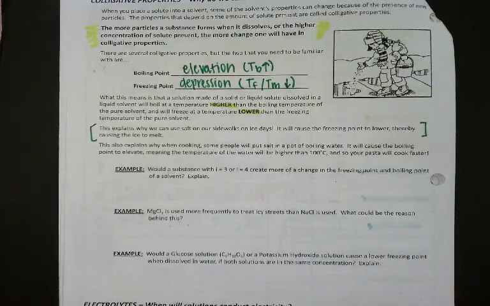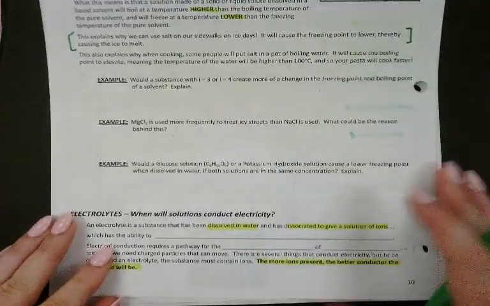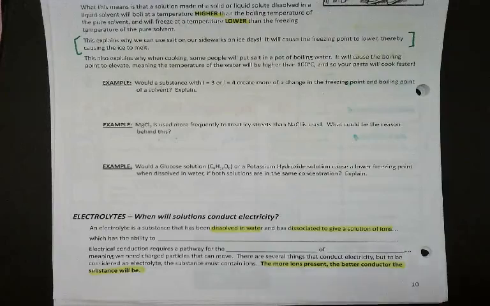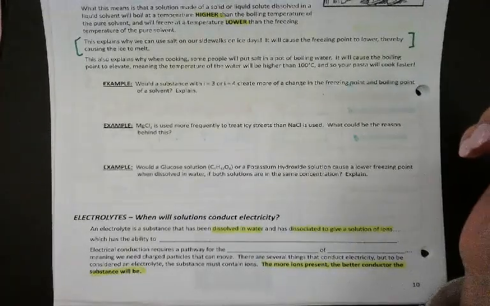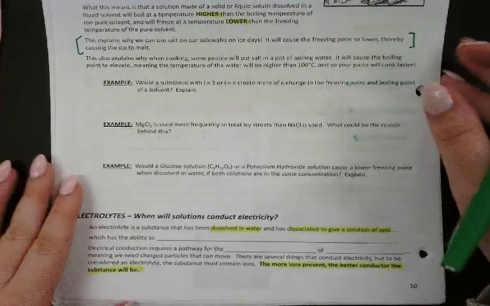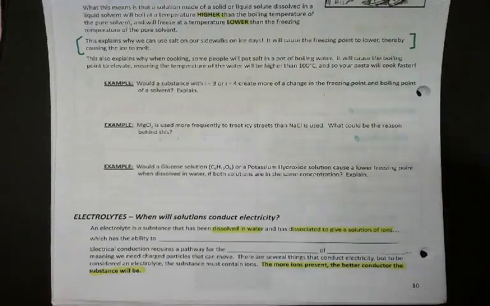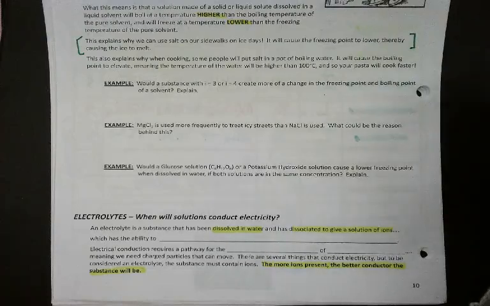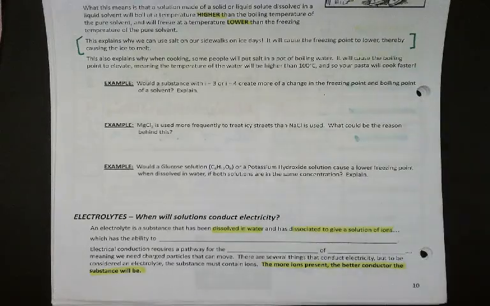All right, so we're going to do some examples about colligative properties. Would a substance with an i value of 3 or an i value of 4 create more of a change in the freezing point and boiling point of a solvent? Explain.